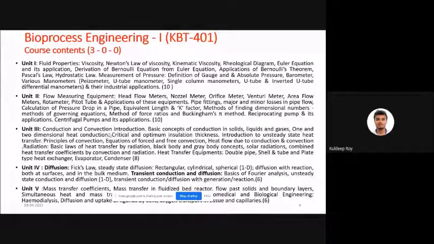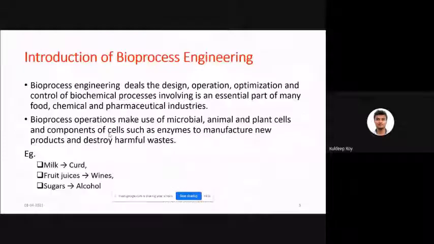And the fifth part is related to how fluidization takes place, and the solid and liquid boundary, because you are adding solid, liquid, and some portion of gases. Like if you are talking about aerated and non-aerated, then three things will come: solid, liquid, gas. So the first two parts will be related to fluid mechanics. The third one will be related to heat transfer. Fourth and fifth will be related to mass transfer.